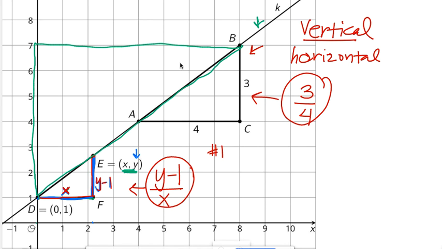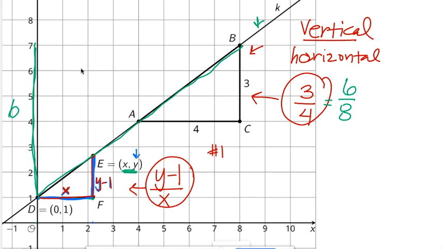If they're similar, the ratios of the vertical distance over the horizontal distance would be equal. Remember that. My vertical distance is 6. My horizontal distance is 8. Do you see how those fractions are equal, equivalent?